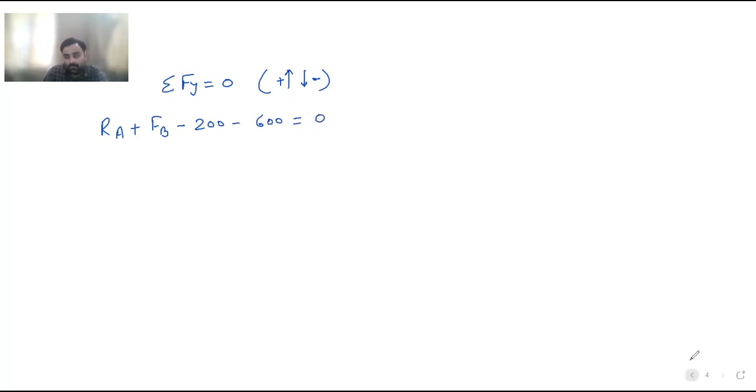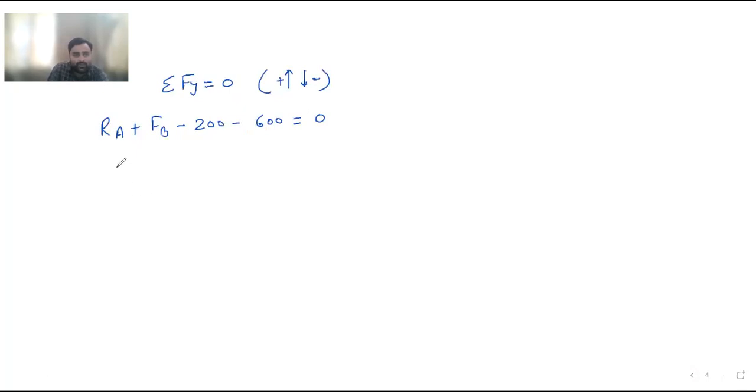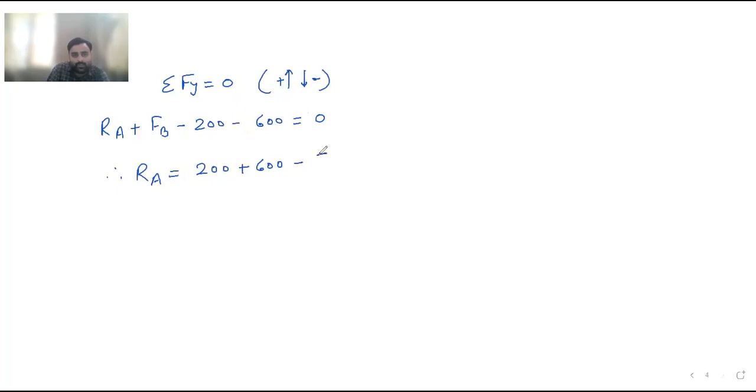But we know the value of FB. FB is 56.98. So therefore RA is equal to, if we switch all the terms to that side, 200 plus 600 minus 56.98. Therefore RA is equal to, what is the answer?